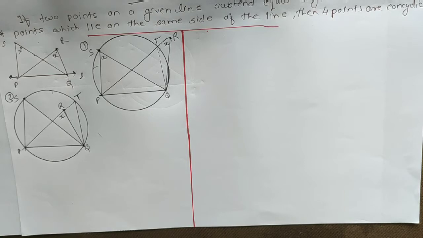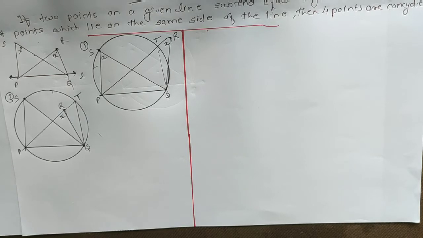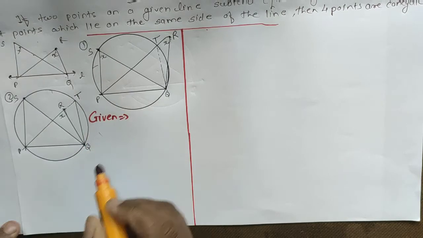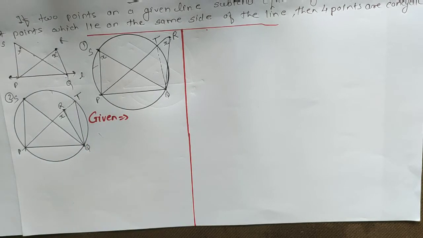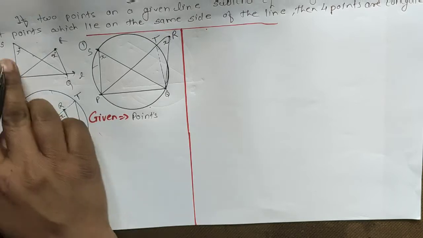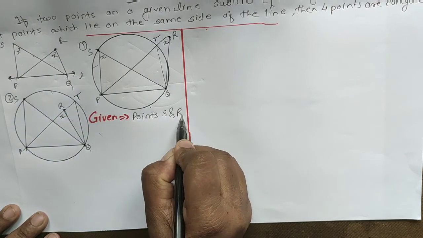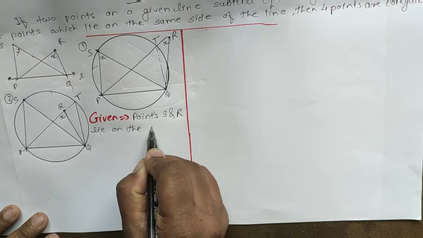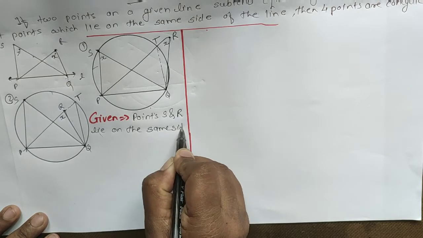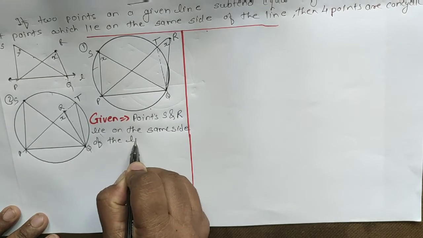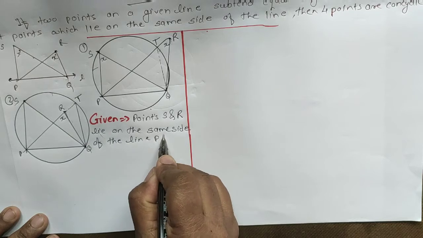Okay, so first we will write the given. What we will write? Given: points S and R lie on the same side of the line PQ.